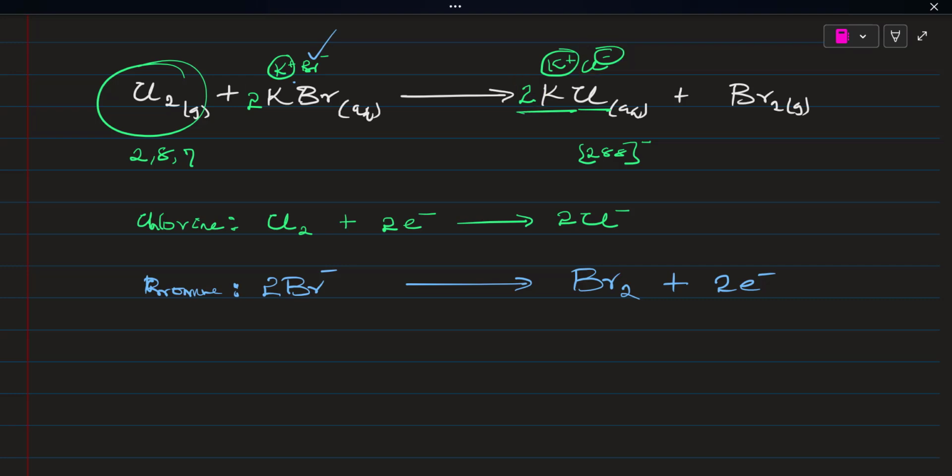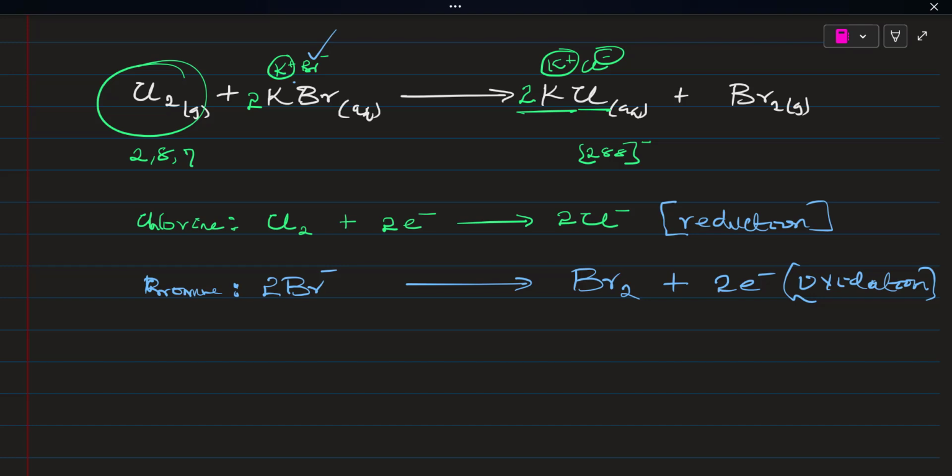So the equation is balanced already. Now we have to label the 2 half equations. So the one up here is chlorine half of the equation, which shows that chlorine gains electrons. That is reduction. And then loss of electron by bromide ion is oxidation.